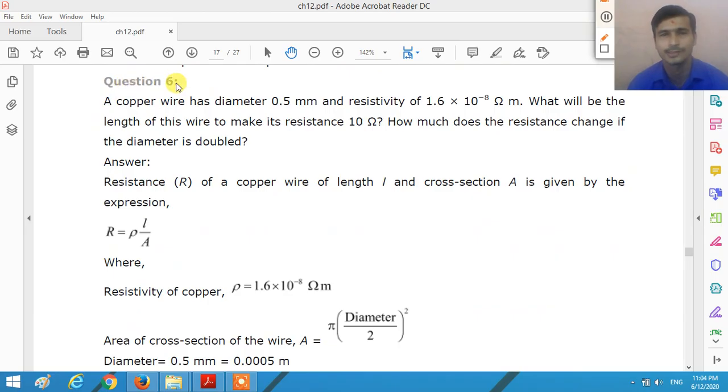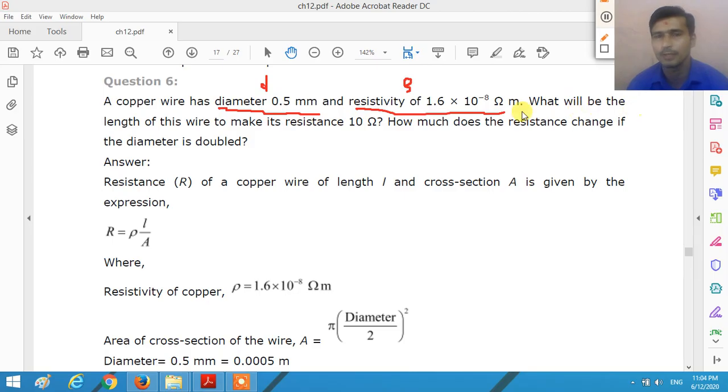Question number 6. A copper wire has a diameter of 0.5 millimeter. So the diameter D of the copper wire is given to you, 0.5 millimeter, and the resistivity of the material rho is 1.6 into 10 raised to minus 8 ohm meter.